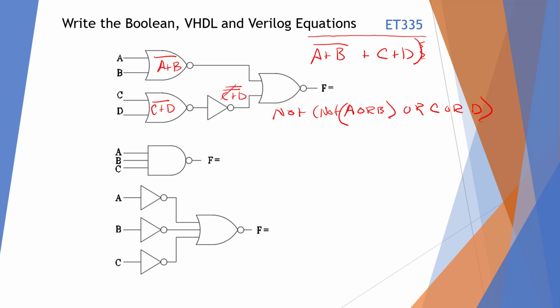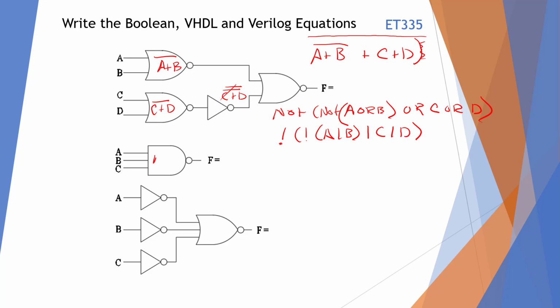So we have balanced parentheses, and our not is going to be over the entire thing. So let's go ahead and do our Verilog. A pipe B, pipe C, pipe D, parentheses. Okay, and let's do our next one.